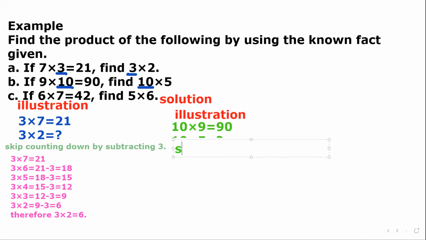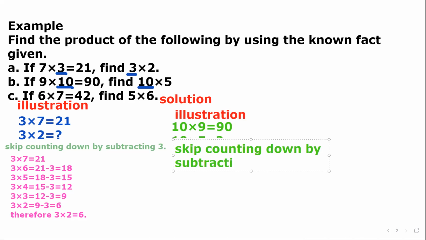We have the skip counting down by subtracting the multiplier, which is the 10.